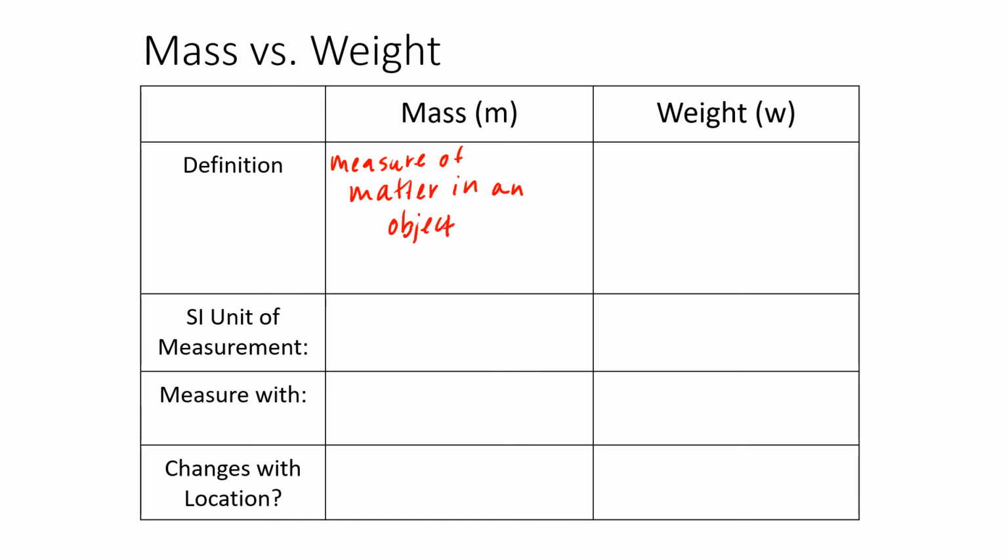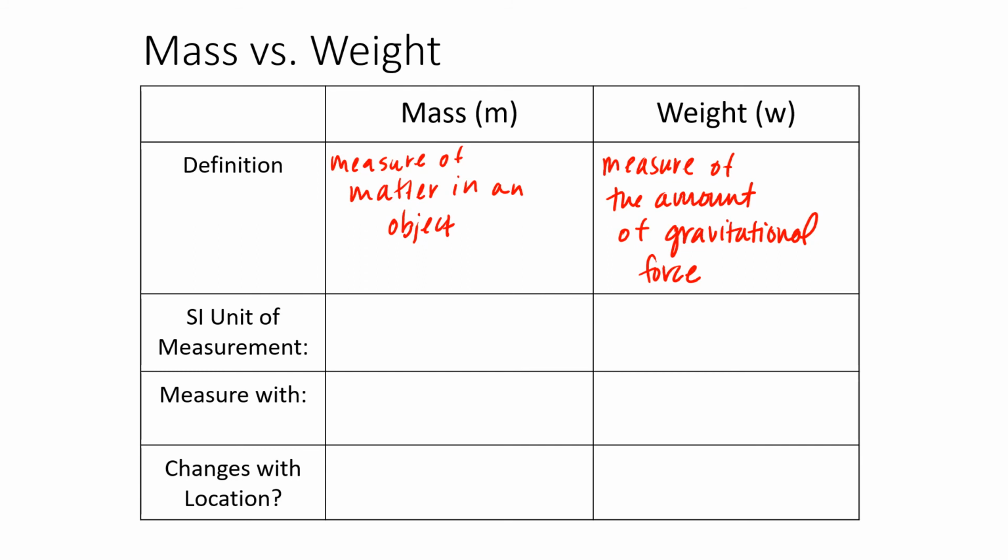So remember, matter is anything that has mass and takes up space. So mass is just a measure of matter. Whereas weight is a measure of the amount of gravitational force. So its weight depends on gravity.